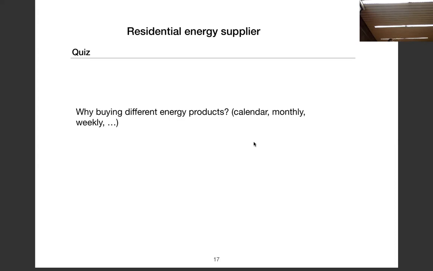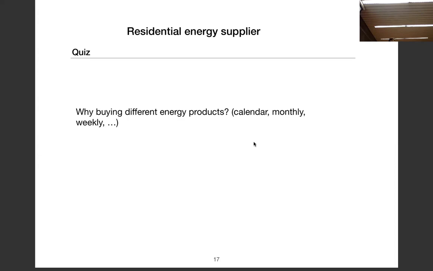So if I am an energy retailer, and if I buy only calendar products, it means that I will have a delivery that is fixed during the year. And I will have a problem to balance my supply and my demand. Sometimes I will have less energy than my customers consume, and sometimes I will have too much energy.